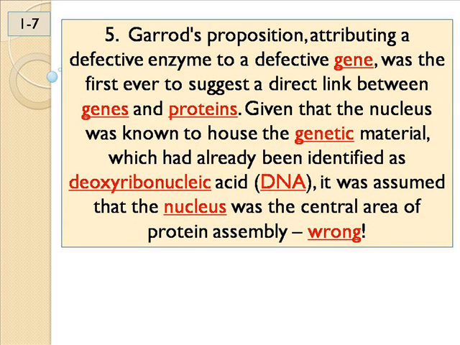Here's what Jared said about this enzyme. He thinks the gene is the problem, and the bad gene makes the bad enzyme. Well, that's the first time anyone linked genetics to making proteins. Before that, no one ever thought that genetics had anything to do with proteins.